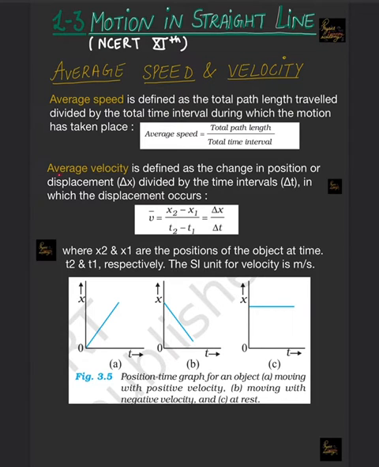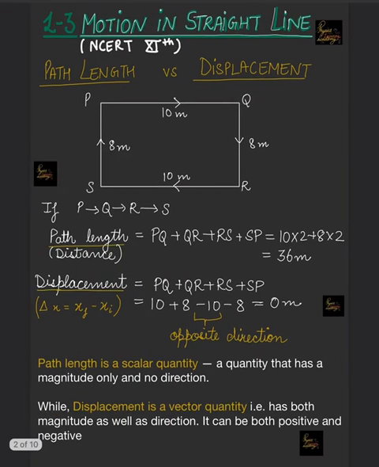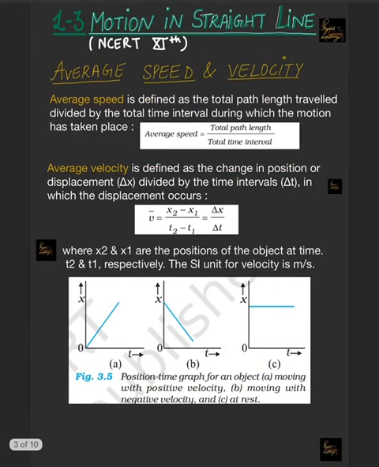Similarly, when you go to average velocity, velocity is defined as the change in position or displacement. We have learned that displacement is delta x, right? Change in position, and then upon change in time, how much time we have taken to cover that distance. That is simply average velocity. And the notation is simply v with the bar.